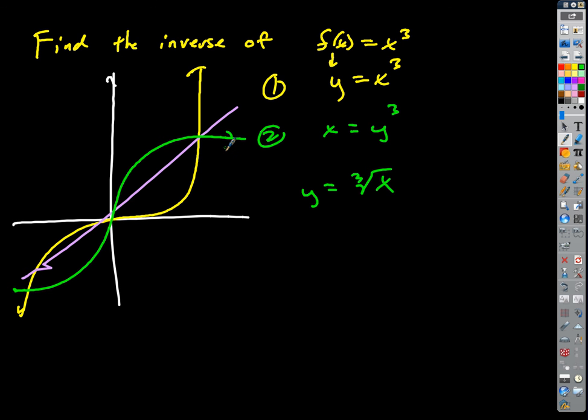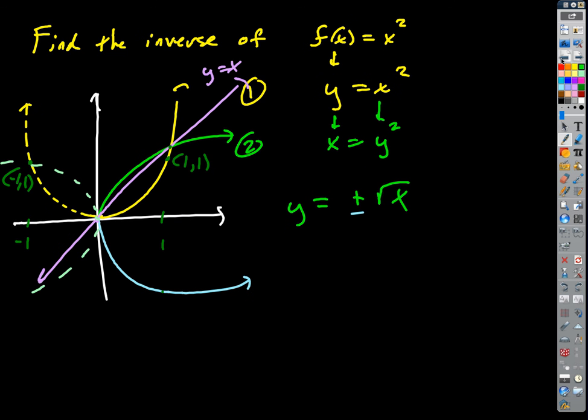It works, right? Both of them are functions. I don't have to worry about deleting any parts of the domains. They're both functions because the original function was one-to-one, right? Every y value I get is only associated with a single x value, right? That wasn't the case here.